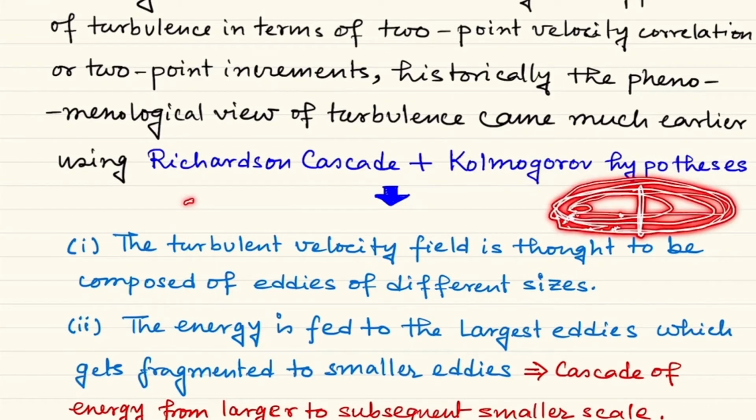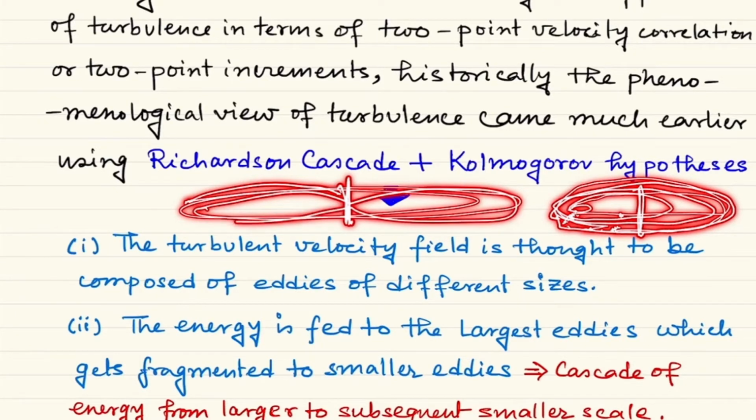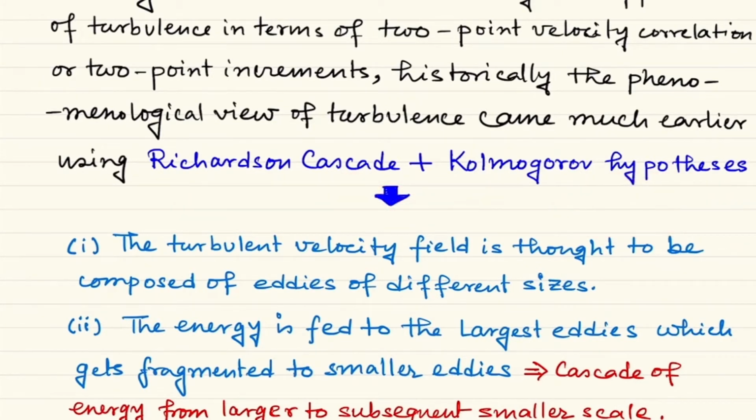Afterwards, when the elongation is too much, in order to conserve the volume, the lateral dimension becomes so small that it has to tear at this point, and then you have two smaller eddies, which are roughly half of the size. That is simply the story of the fragmentation of the eddies.